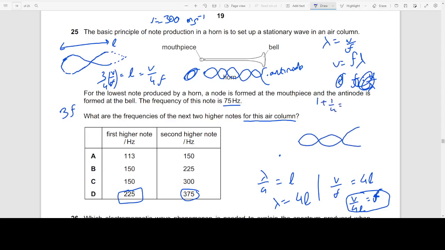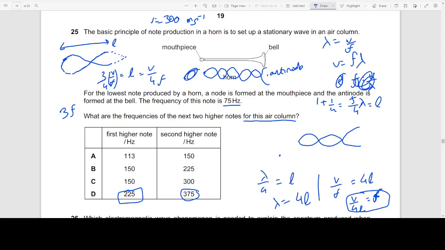So 1 plus 1 upon 4 is 5 upon 4 lambda. So 5 upon 4 lambda is now equal to L, and L was initially v upon 4f.